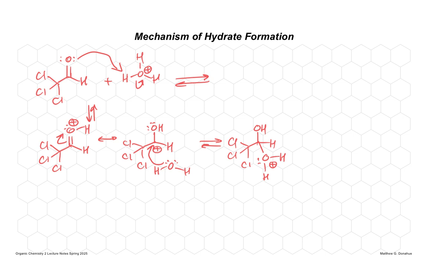So we're not quite done because that oxygen is plus charged. We just invoke water to act as a base and abstract it. So that will generate the hydrate and then regenerate the acid catalyst.